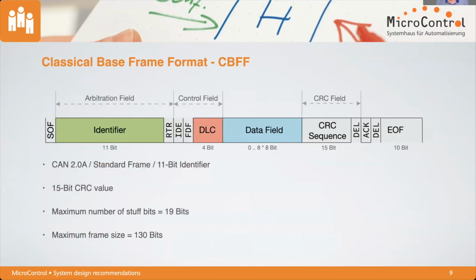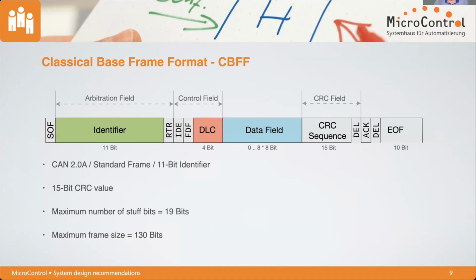But wait a second, just step back to our classical base frame format. I'm not planning now to talk to you about every bit in this frame format, but we want to have a look at the control field with the IDE bit, the FDF bit, which is reserved at this stage, and the data length field.